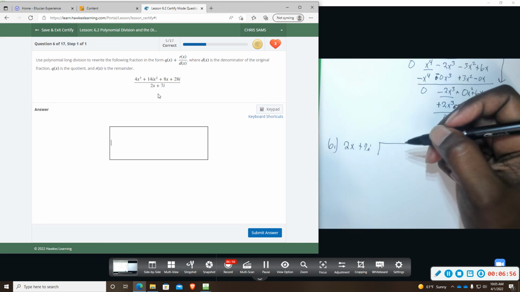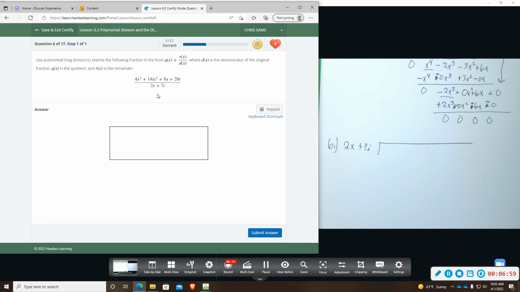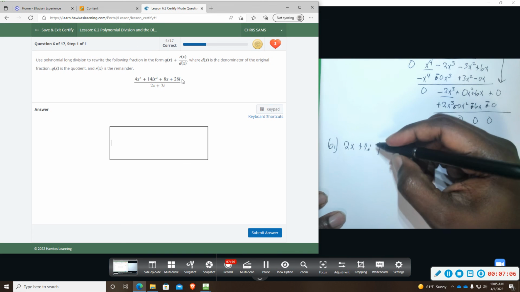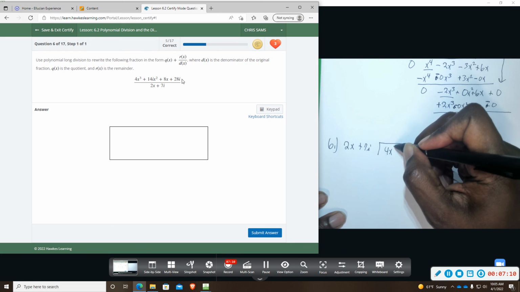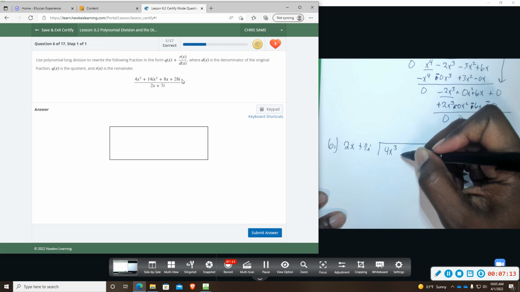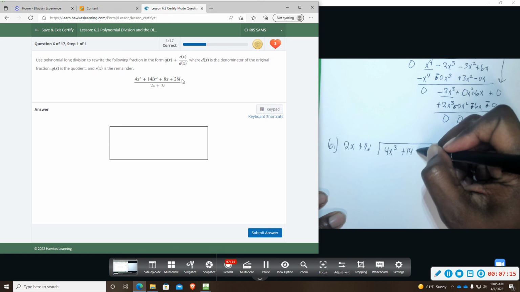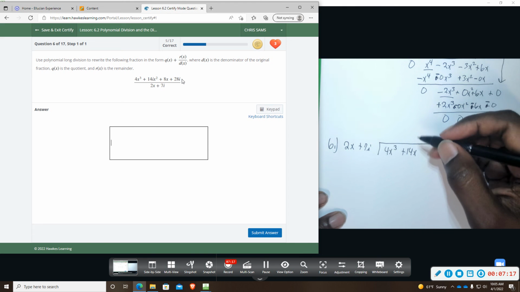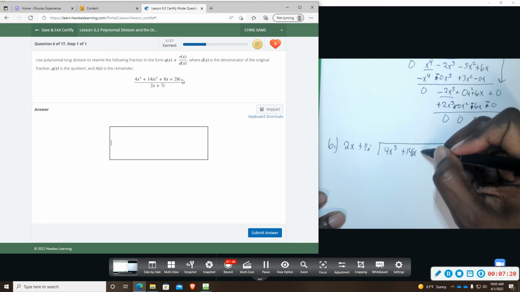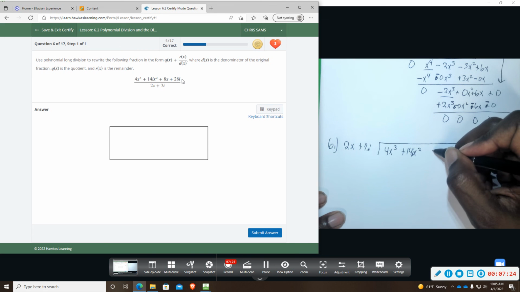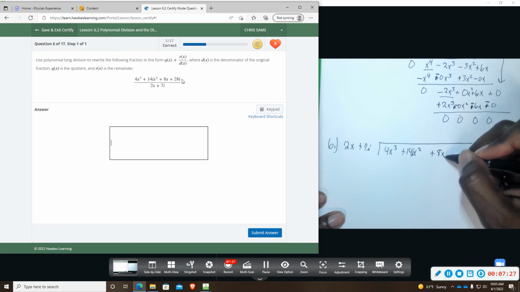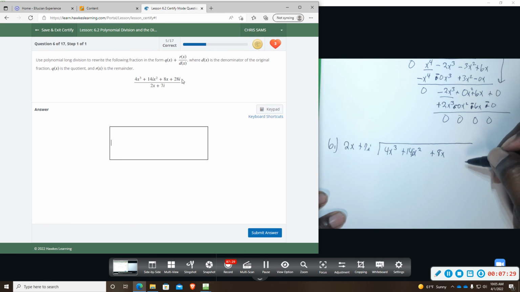And then on the top, we have 3, 2, 1, 0, so we have all of our terms: 4x to the third plus 14i x squared, then plus 8x and then plus 28i.